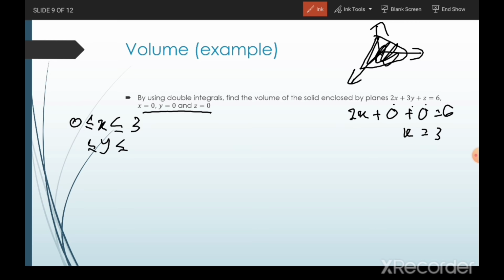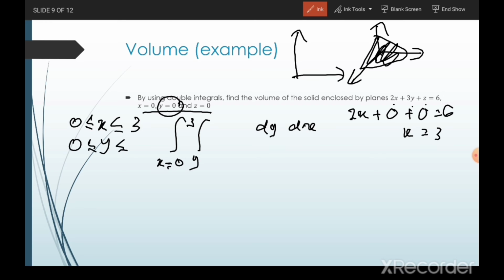So the interval for x is between 0 and 3. And how to find the interval for y? Here for volume, we use dy dx. In this case, you can use both vertical or horizontal strip technique. So for here, I use dy dx. So x is between 0 and 3.